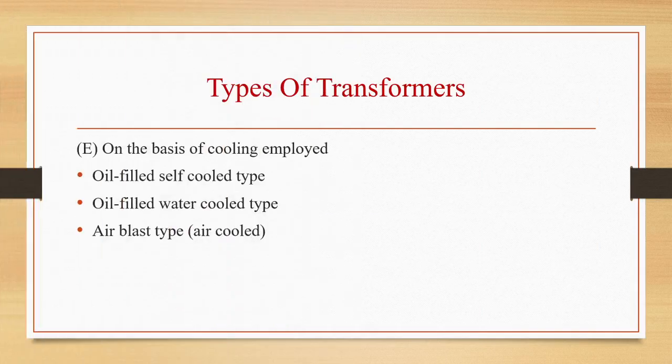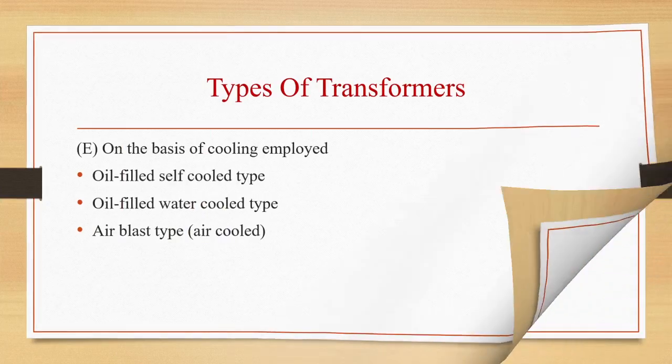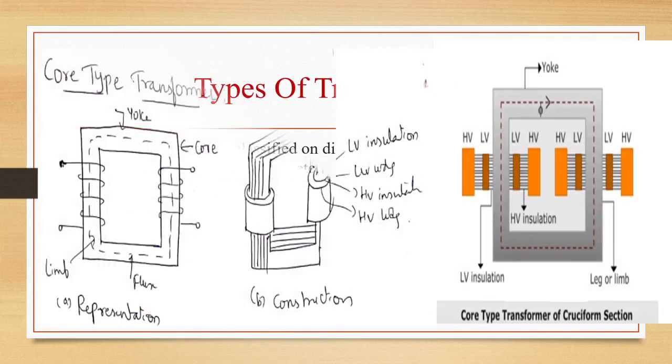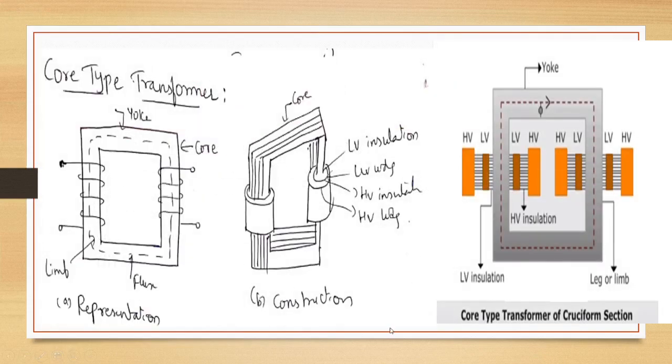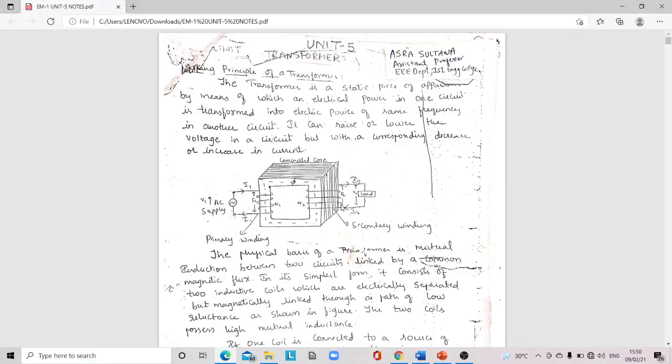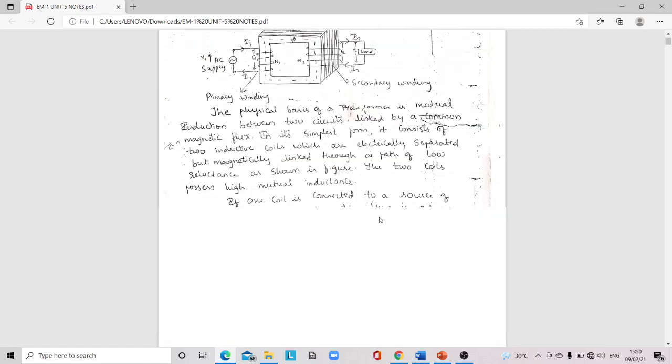And on the basis of cooling employed, oil filled self cooled, oil filled water cooled, and air blast. Core type and shell type are the two major construction types we have seen, and in detail also we have seen about them.